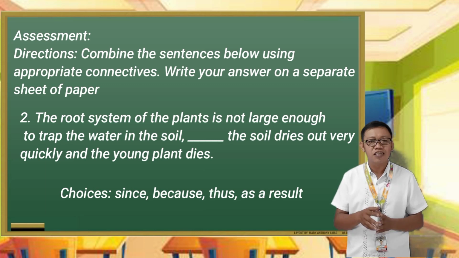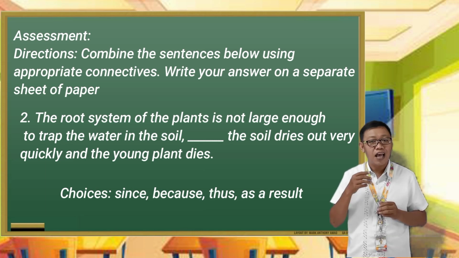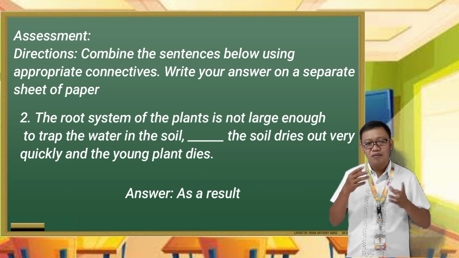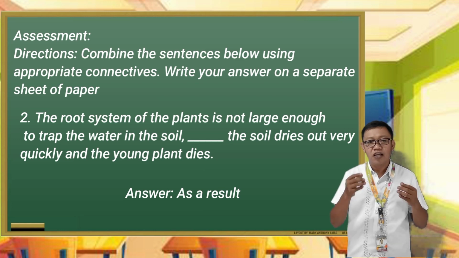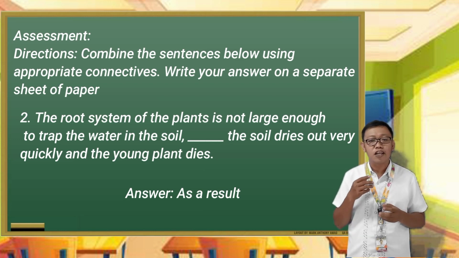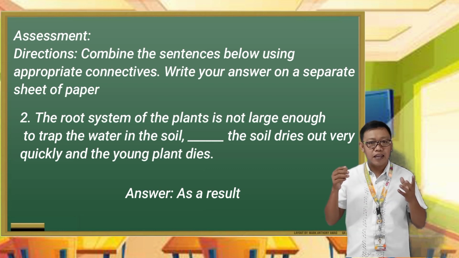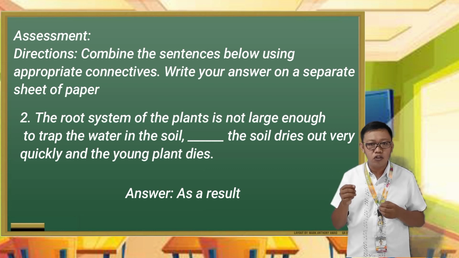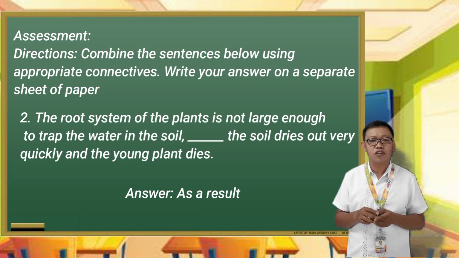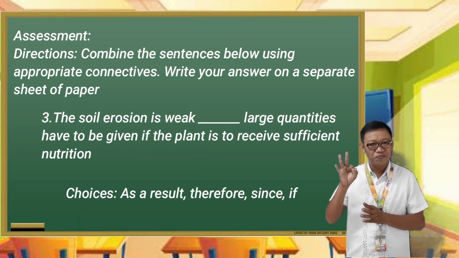The answer is the phrase as a result, because it says here the root system of the plants is not large enough to trap the water in the soil, and as a result the soil dries out very quickly and the young plant dies. Number 3.